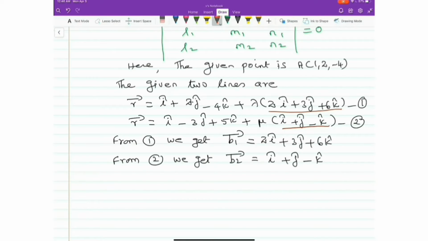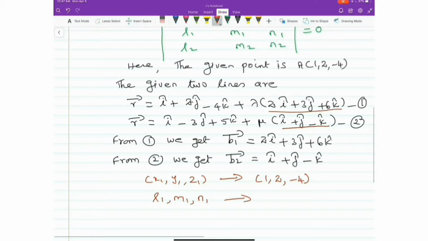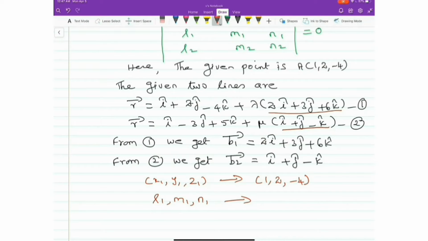The point x1, y1, z1 is 1, 2, minus 4. Then L1, M1, N1, the direction ratios of the first line, are 2, 3, 6, since the coefficient of i cap is 2, j cap is 3, k cap is 6.